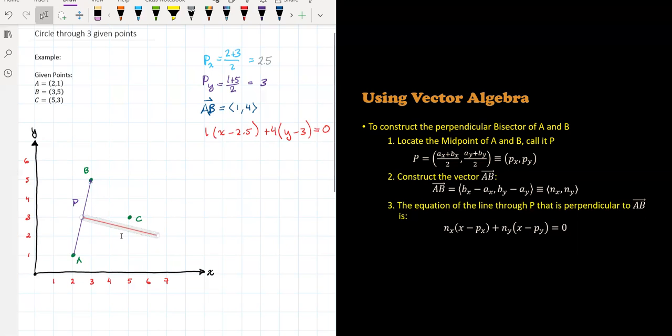Let's see, 1, 2, 3, 4. Okay, cool. So if I extend this line, the equation of that red line right there would be (x - 2.5) + 4(y - 3) = 0. If we like, we can rewrite this in y = mx + b form. All right. So we could do the same thing.